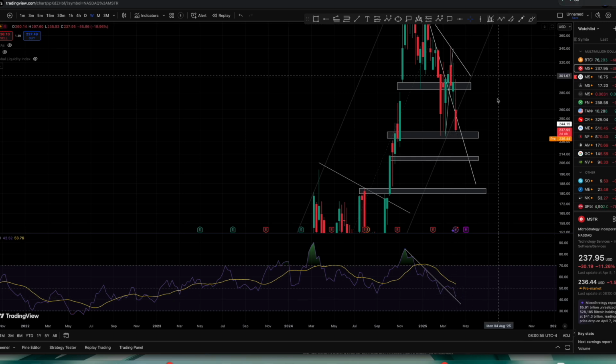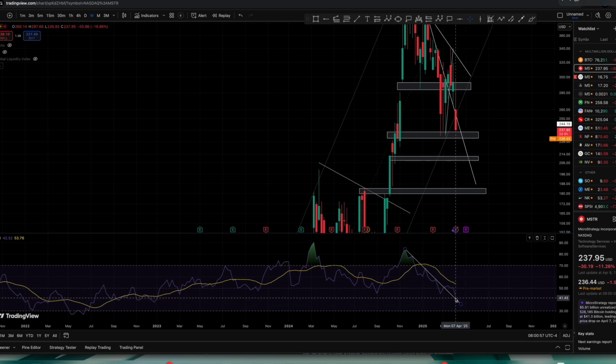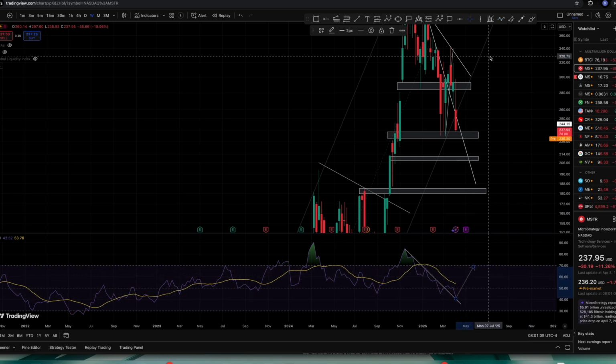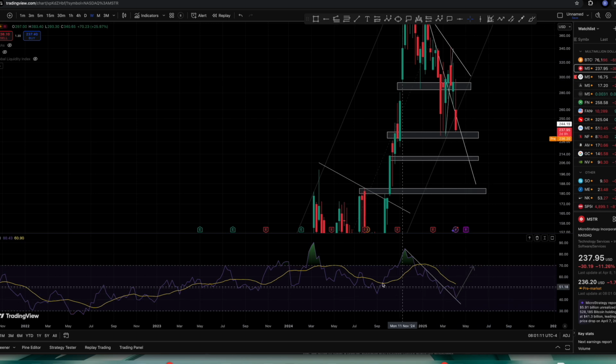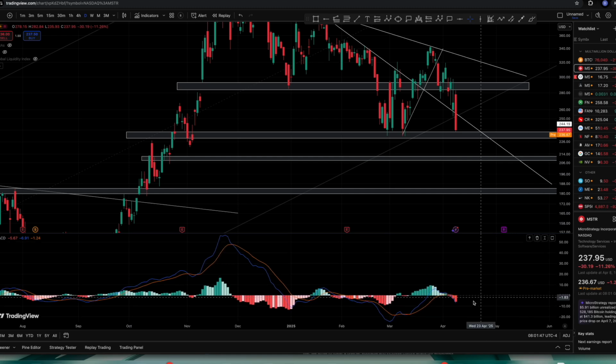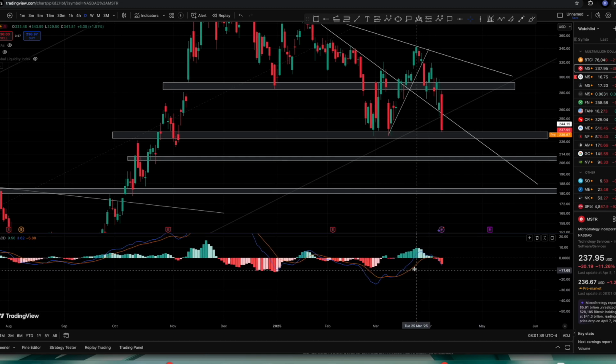So maybe we see something where we make it to this trend line and then make it to this trend line, and then we get something where we move up from there on the weekly RSI. That'd be nice to see. That'd be perfect, actually. On the MACD, we were creating higher highs, higher lows.